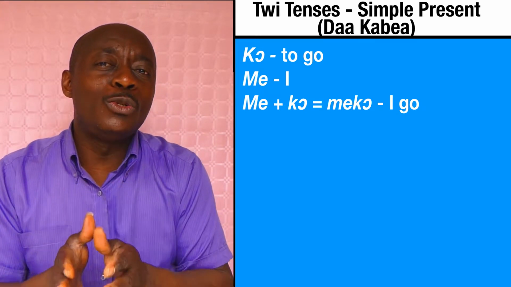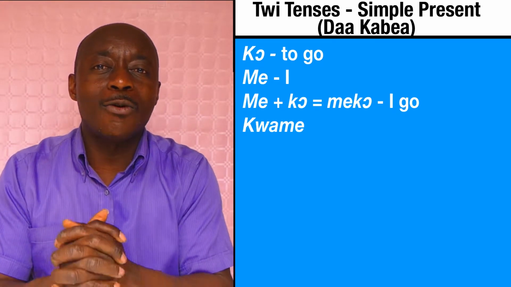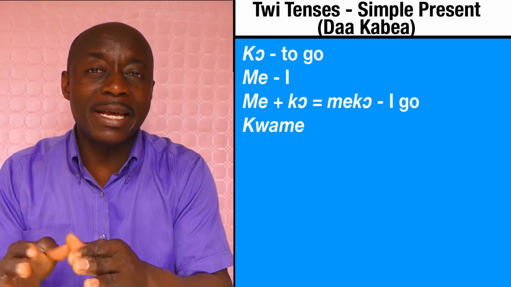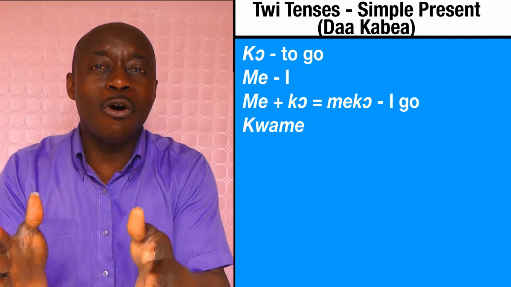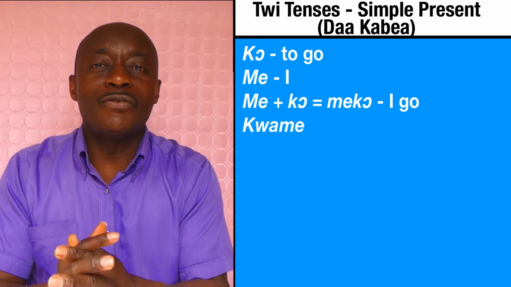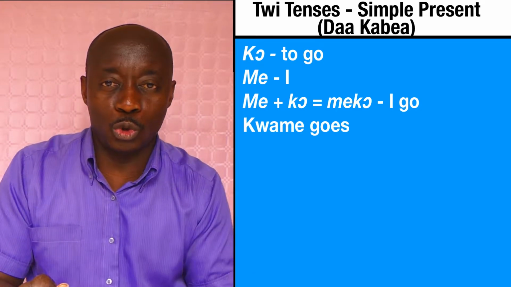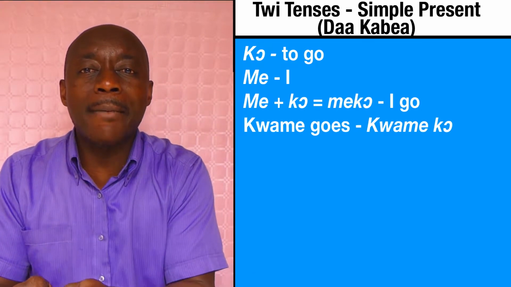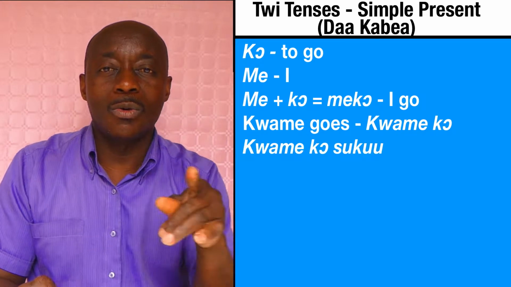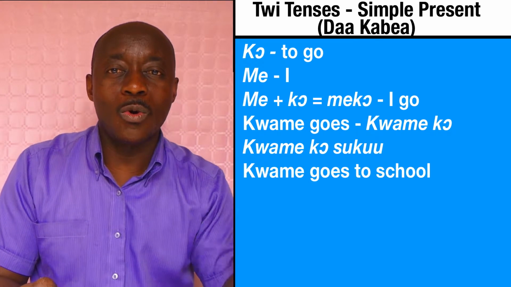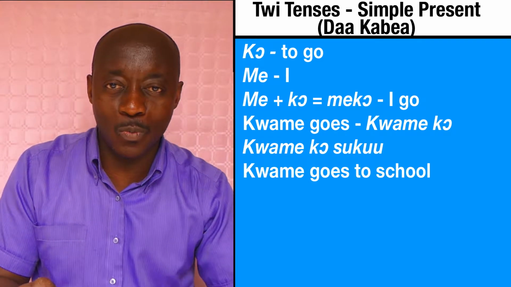However, if I should use the proper noun, like say Kwame. Kwame is a name given to a person born on Saturday. So if I want to say Kwame goes, I will say Kwame ko. Kwame ko school. Kwame goes to school.